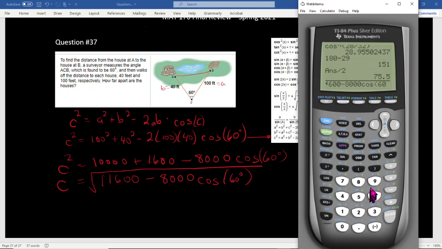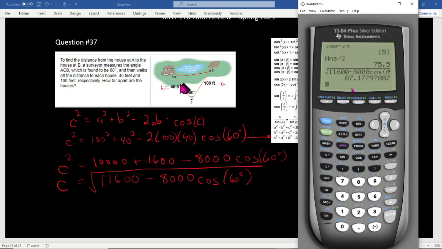Pretty sure I'm in degree mode, but it's always a reminder: depending upon whatever you worked on last, make sure, because if you're in the wrong mode, you might not always spot it either. So c should be 87.